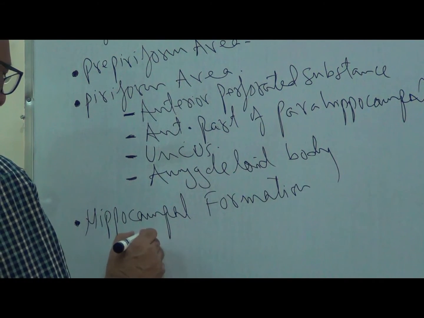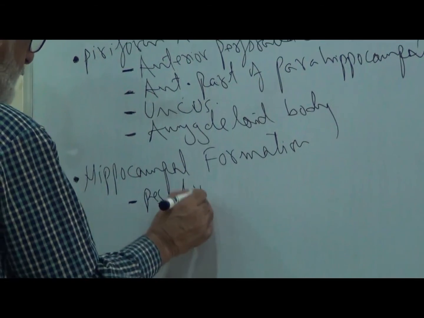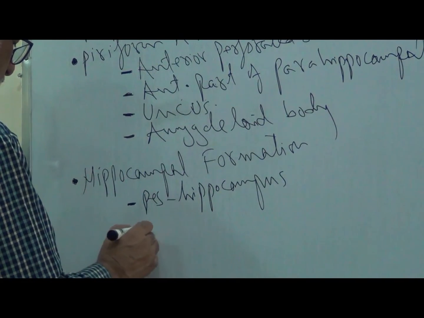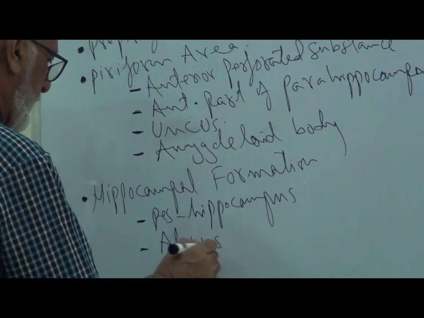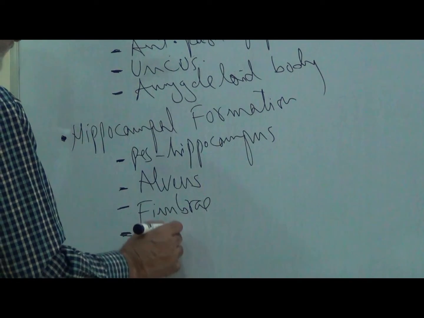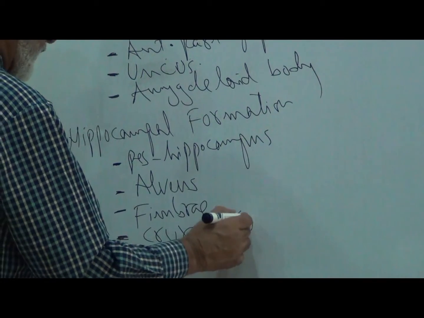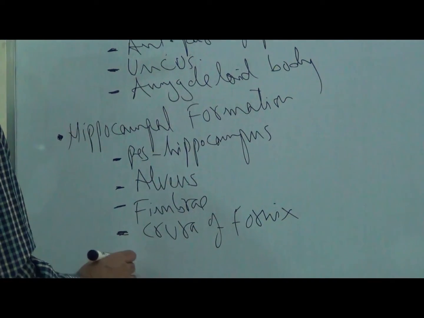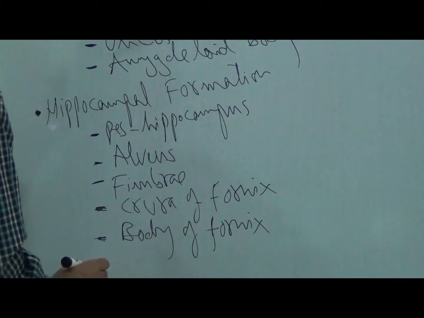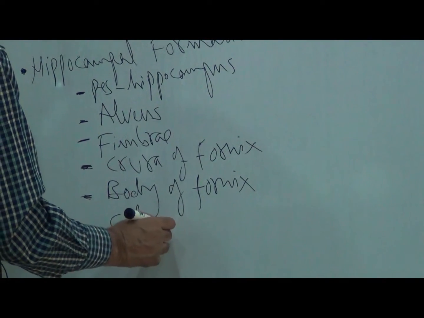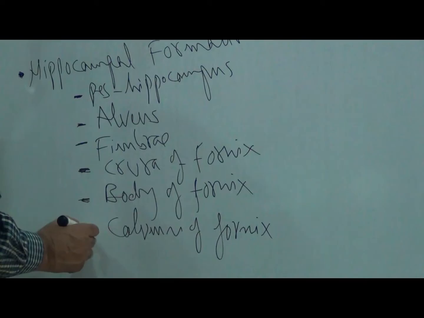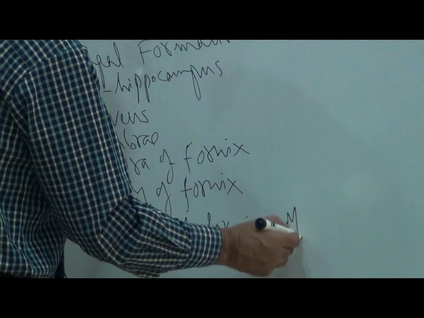Next is the hippocampal formation, which further comprises the pes hippocampus, or simply hippocampus, then fiber bundles like the alveus, fimbriae, crura of the fornix, body of the fornix, and column of the fornix. The column of the fornix terminates into the mammillary bodies.